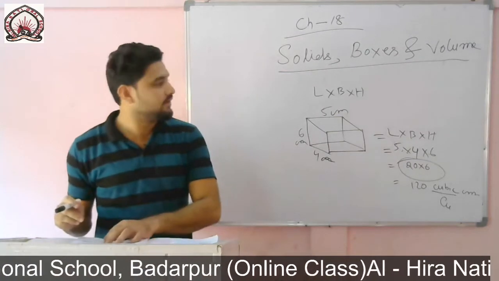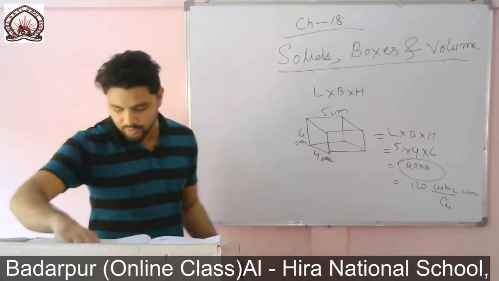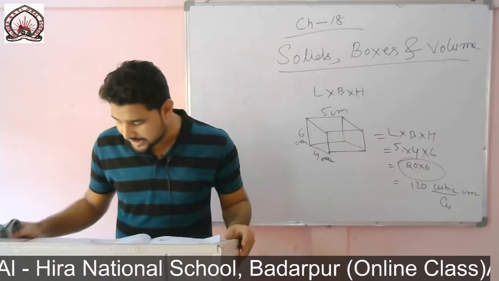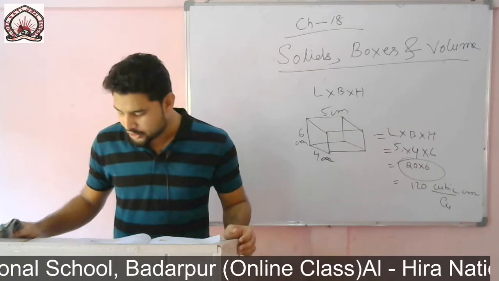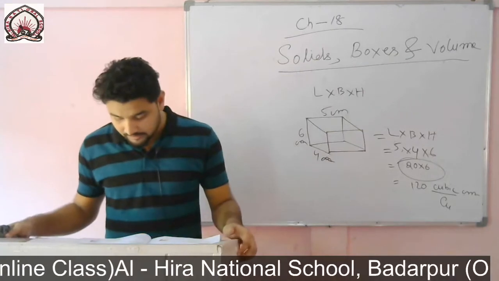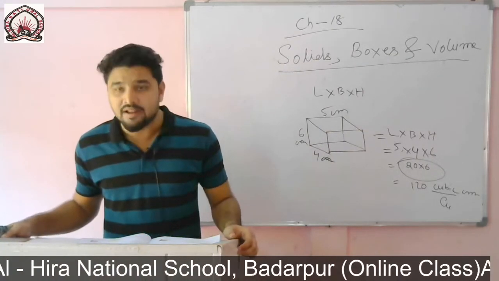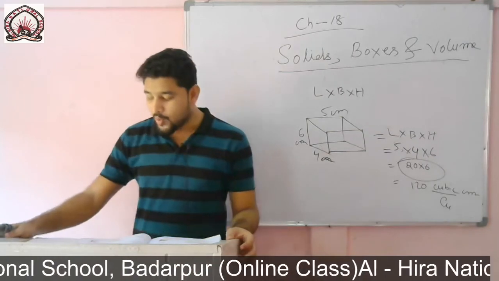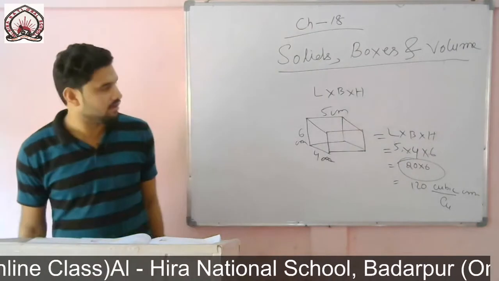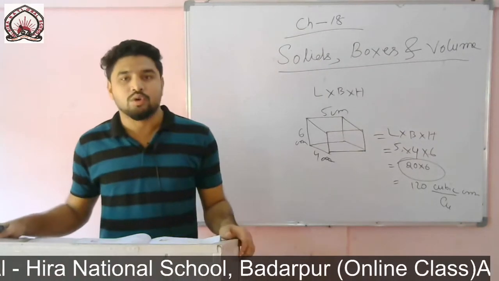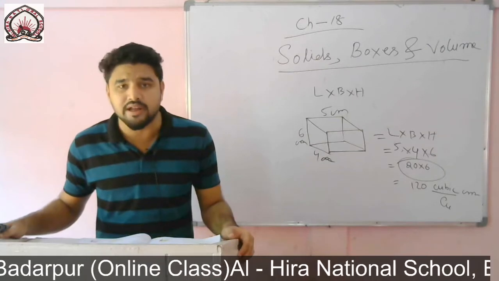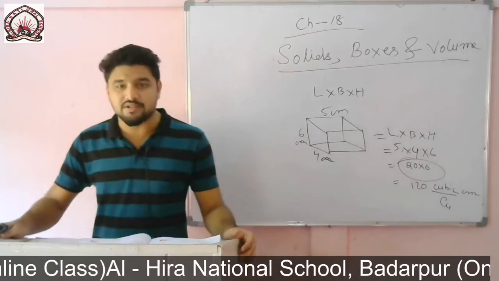In exercise 18a, come to exercise 18a and see, find the volume of each cuboid by counting the units of volume, 1 cubic meter, 1 cubic centimeter. There are numbers of squares having 1 cubic centimeter measure, so we have to find the volume of this by counting the number of squares.